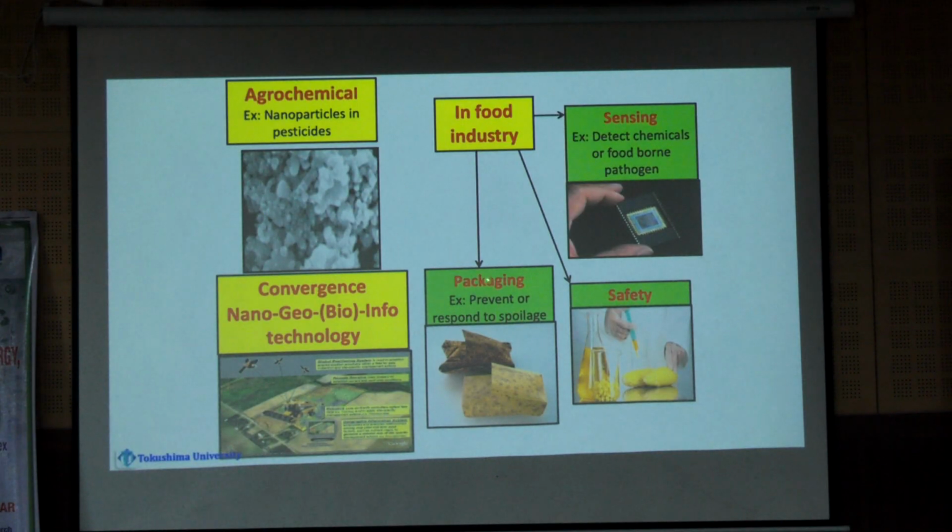And food industry, whether it is sensing or safety or packaging. Packaging is one of the growing industries to protect the food for a longer time. How can we protect the food? What kind of material can we use for protecting this food?